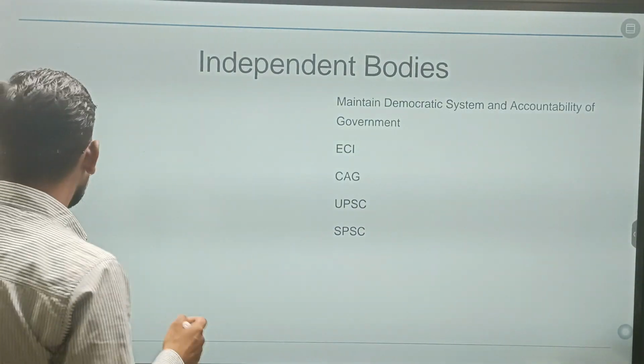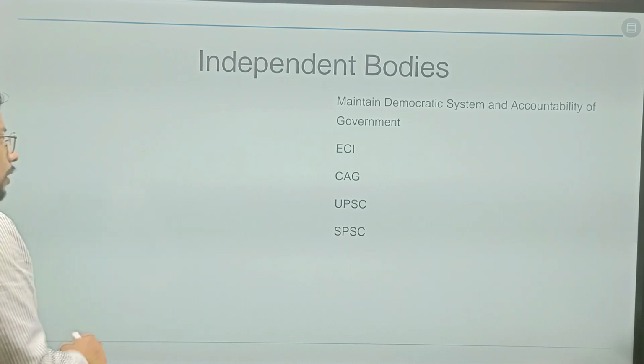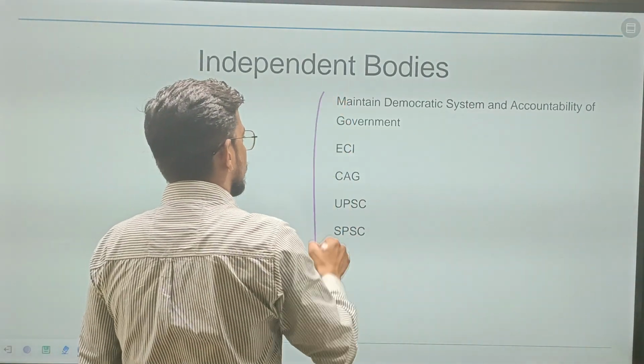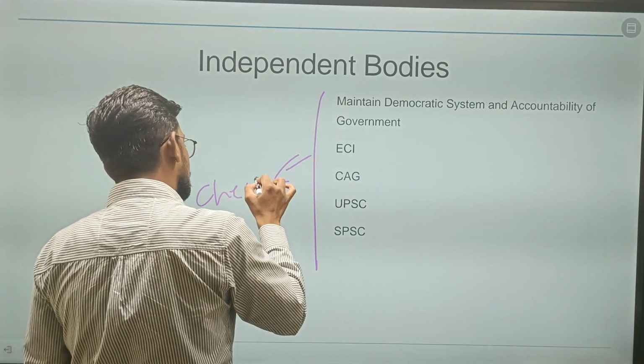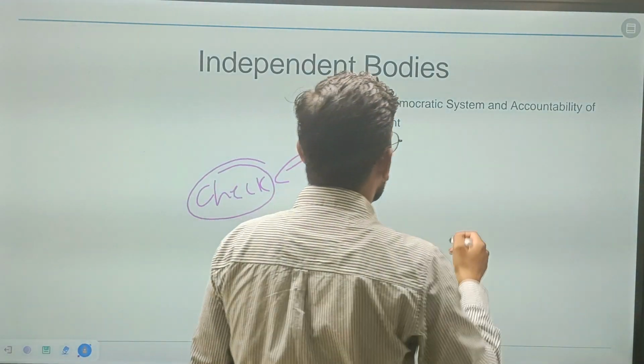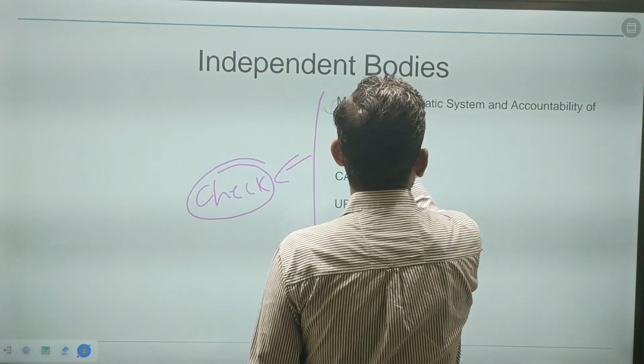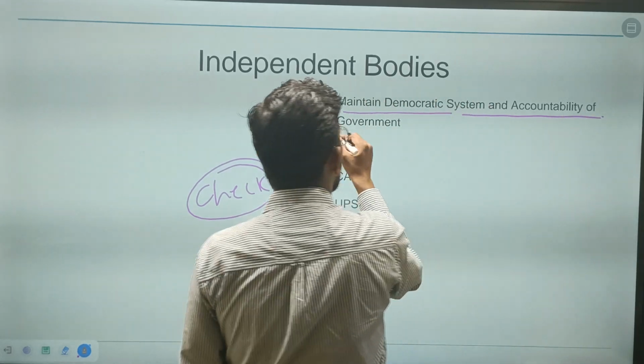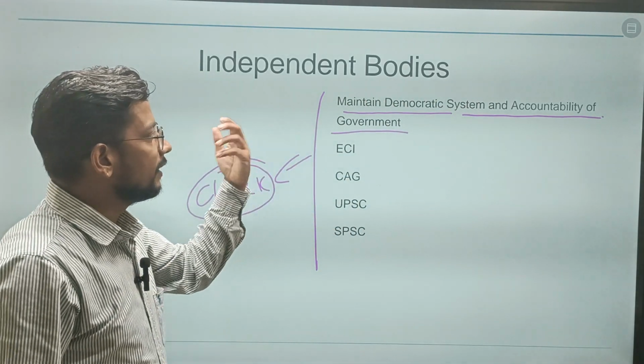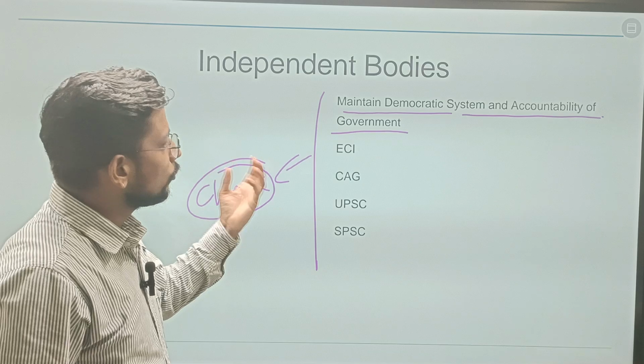Then independent bodies. We have so many independent bodies, and they act as a check on the arbitrariness of various bodies of the executive. They are formed for maintaining the democratic system and accountability of government.